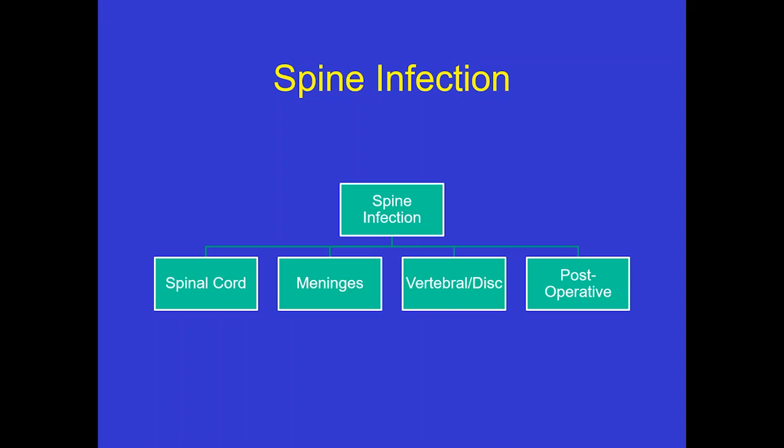In this case, I've categorized infections in the spine based on the anatomic structures that are involved. So there are things that involve the spinal cord, things that involve the meninges, as well as the vertebral bodies and disc spaces. You'll see I've kept post-operative infections off to the side here as a special category only because it can involve multiple compartments.